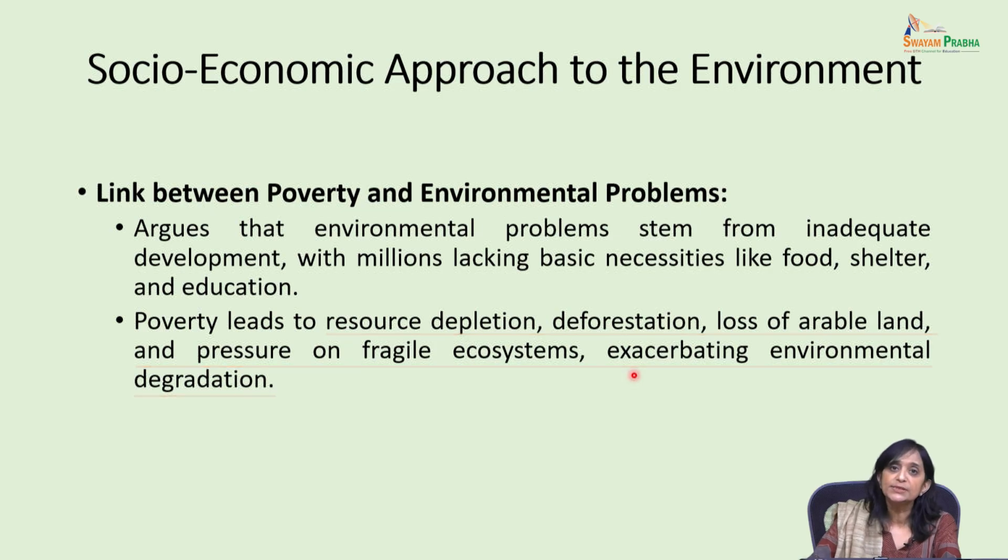So his view is that if we develop all the people together, if we bring in socio-economic development, that is, you are reaching the unreached also, the environment which is getting degraded because the people who do not have access to resources overutilize the resources of environment which are available to them. So if we can bring them out of poverty, environmental problems can be solved.